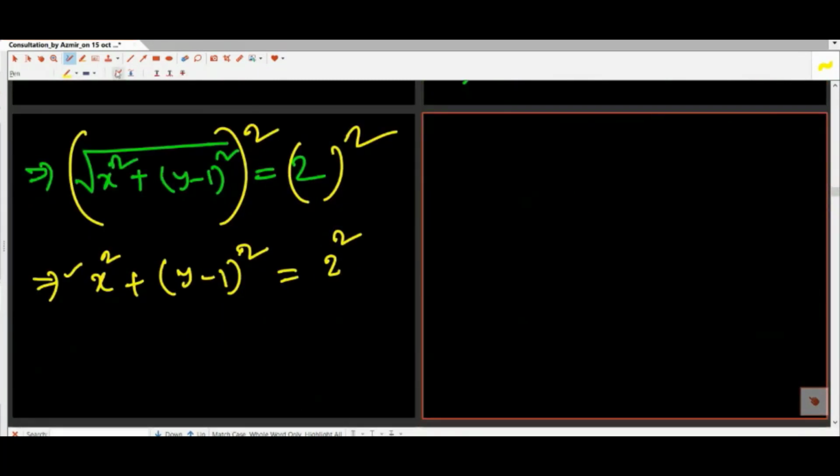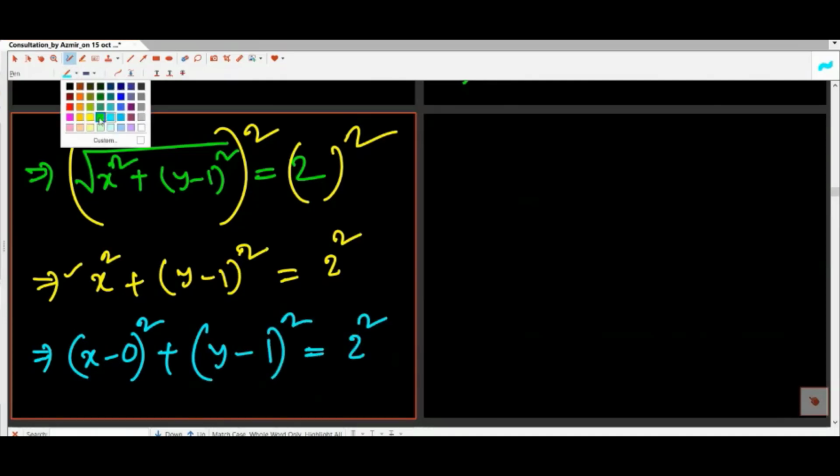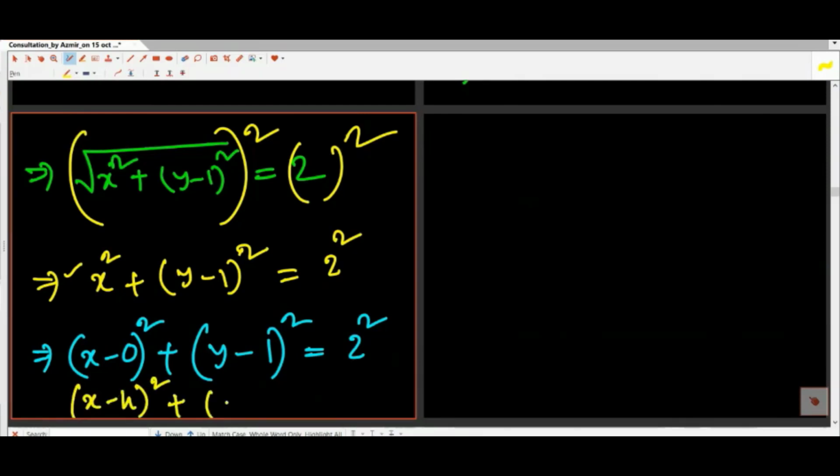So we can compare this equation with our renowned form that we know, that is x minus 0 squared plus y minus 1 squared equals 2 squared, which is one equation of circle, that is x minus h squared plus y minus k squared equals r squared.